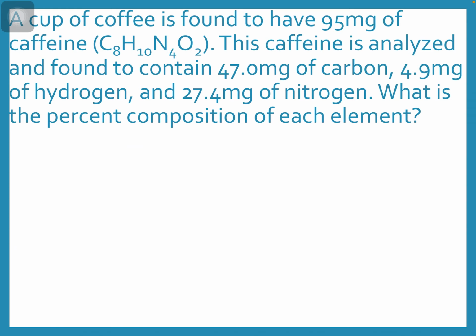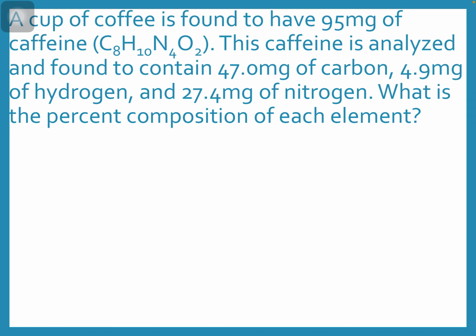For example, if I have a cup of coffee that has 95 milligrams of caffeine, which is C8H10N4O2, that caffeine is analyzed and found to contain 47 milligrams of carbon, 4.9 milligrams of hydrogen, and 27.4 milligrams of nitrogen. What is the percent composition of each element?